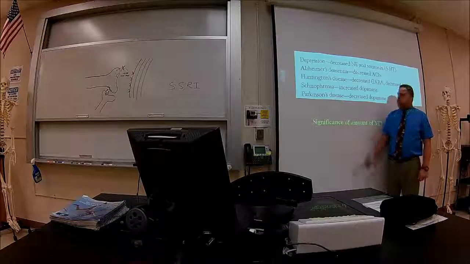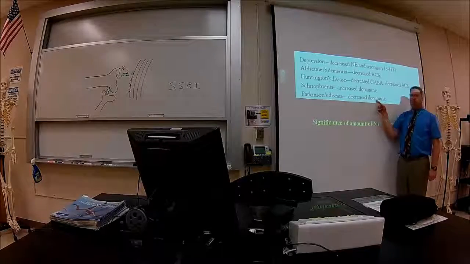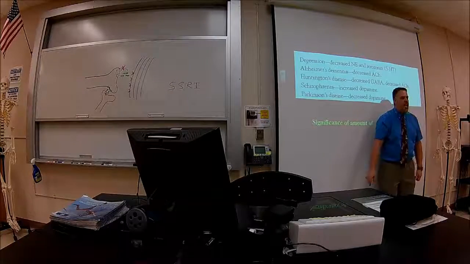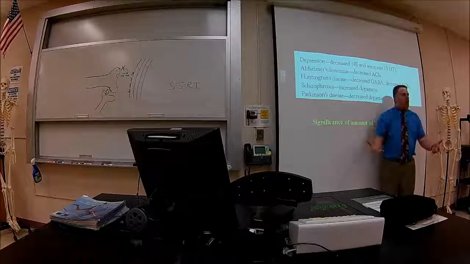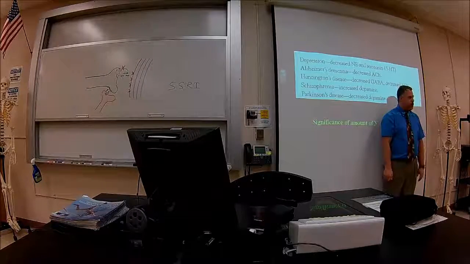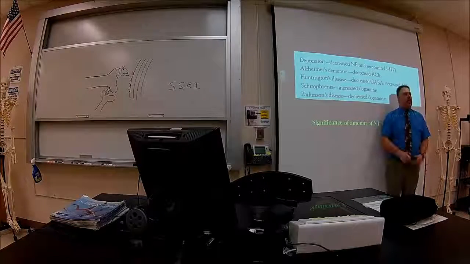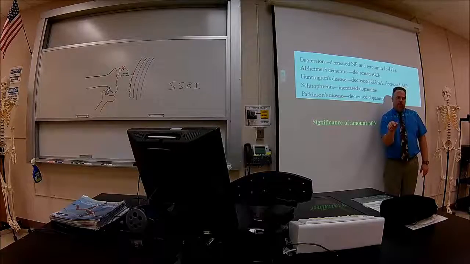Schizophrenia, Parkinson's. Look at Parkinson's disease. It's a decrease in dopamine. So what do you think is going to be the goal to try and fix Parkinson's? Yeah, increase dopamine. And that's exactly what we'll do.